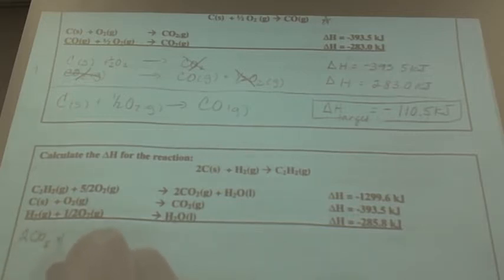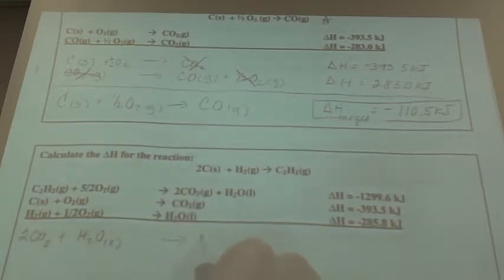CO2 plus H2O. Remember, the state of matter matters, so it is important that you note that you have liquid water. This and this yields 5 halves oxygen gas.